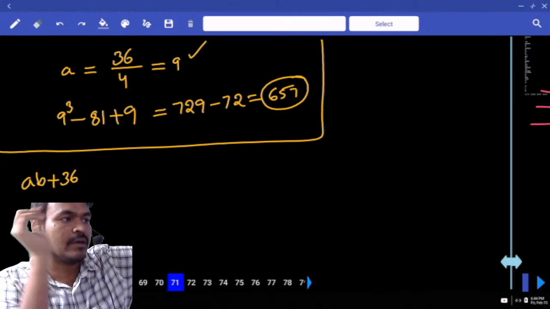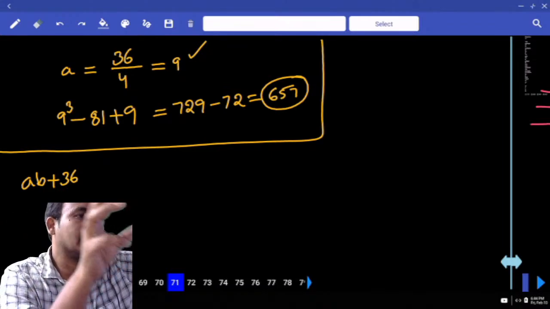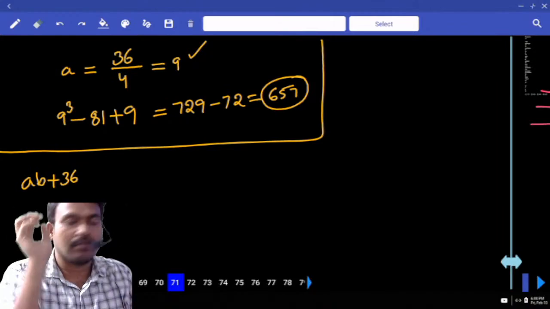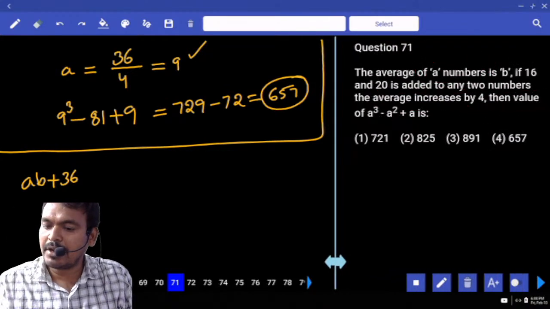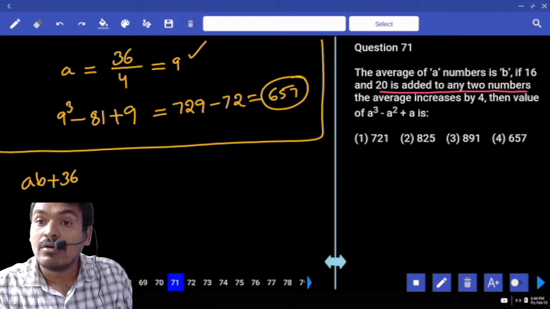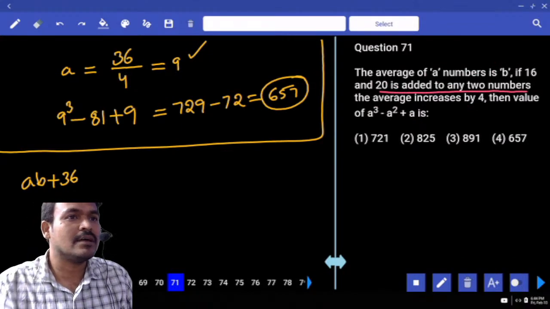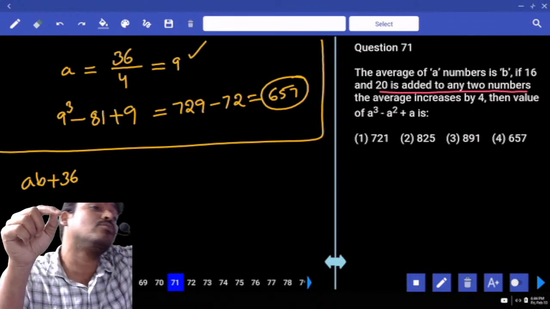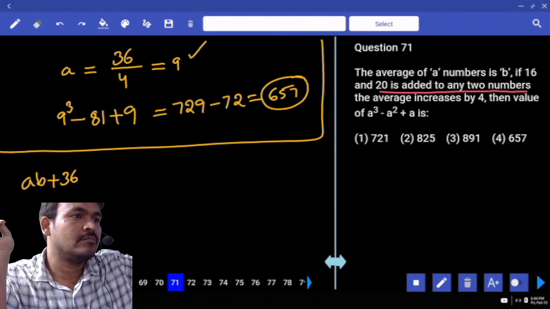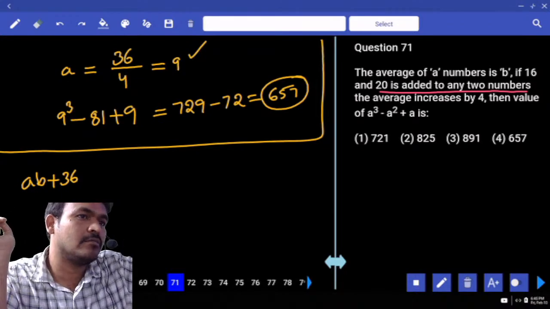Original sum AB increased by 36 means total sum is AB plus 36. What is the key point here? It is added to any two numbers, meaning the two numbers are already included in A, so there is no change in total count.